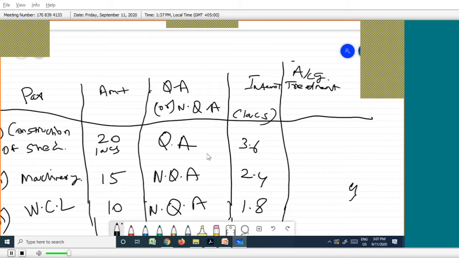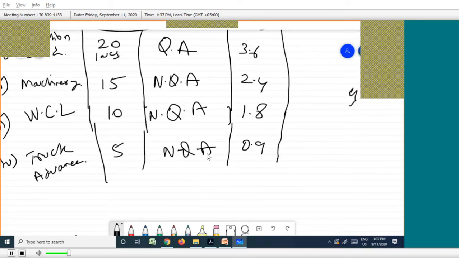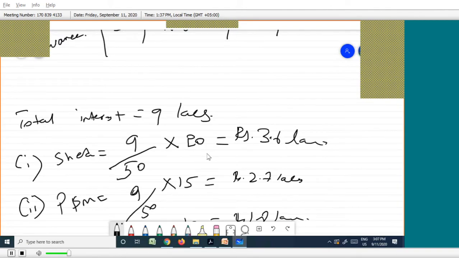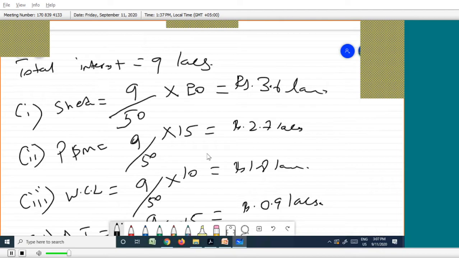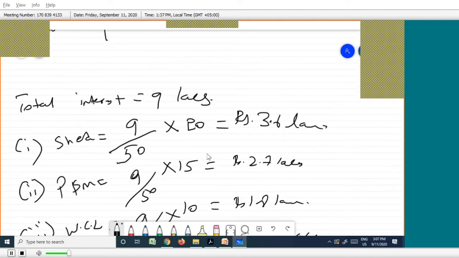Machinery is 2.7, correct, 3.6, 2.7, 1.8, 0.9. Machinery is 2.7 only. Okay. So what I'm asking is, a lot of people's message is capitalization. Yes, of course.